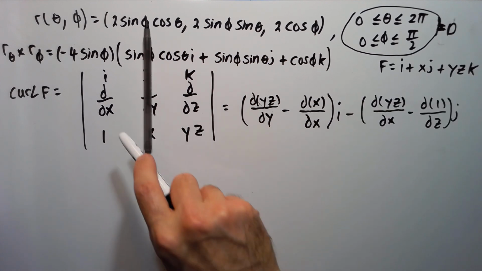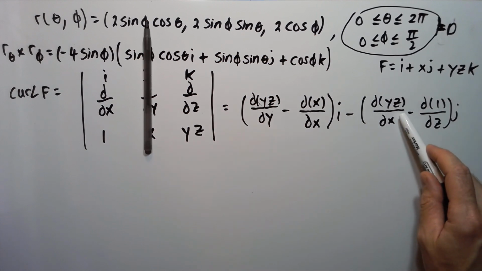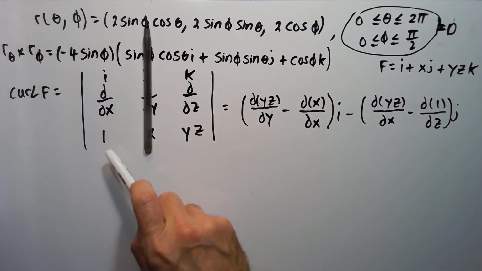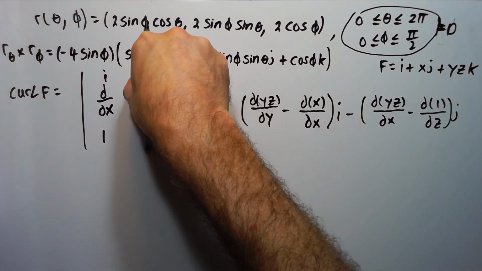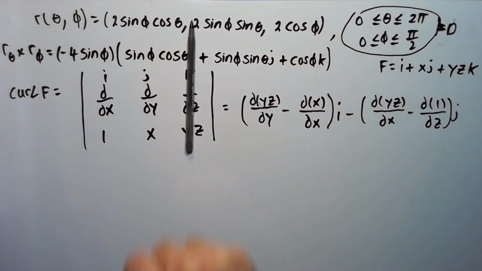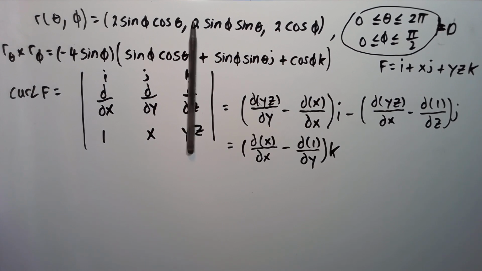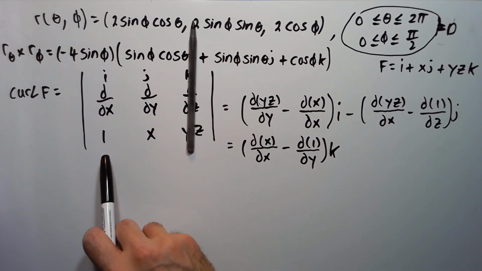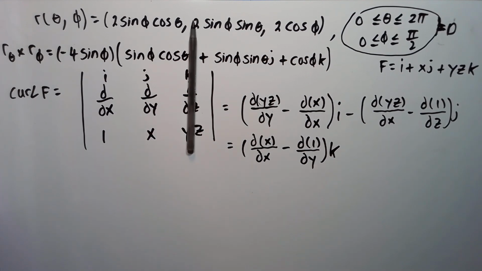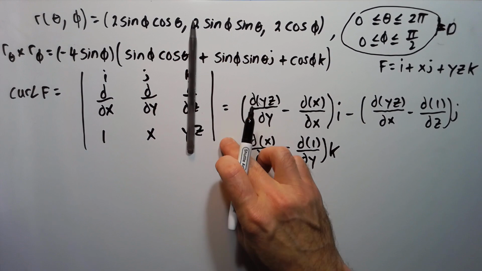Doing that, again, we have our partial x acting on yz, which I have here, then minus partial z acting on 1, which I have here. So lastly, let's do the k component. So we get our partial x acting on x here, partial y acting on 1, minus, sorry, it should be a plus here.